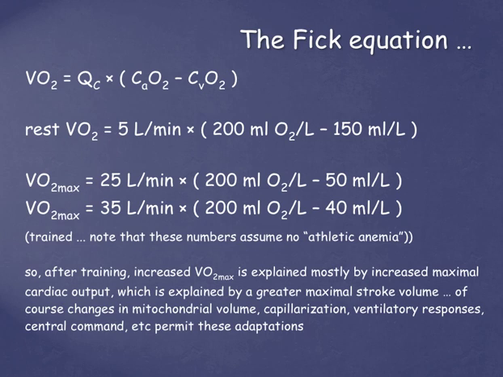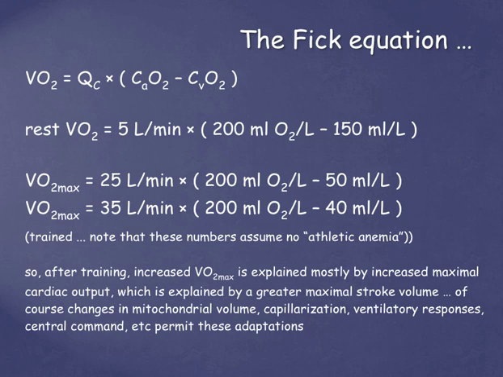The oxygen carrying capacity, or the content of oxygen in the arterial blood, is 200 milliliters of oxygen per liter of blood, and assuming that the partial pressure of oxygen in the venous blood is 40 millimeters of mercury, then the hemoglobin is 75% saturated. It brings back 75 milliliters of oxygen in each liter of blood, so it drops off 50 (sic: 125), and you can do the math and calculate the resting VO2.